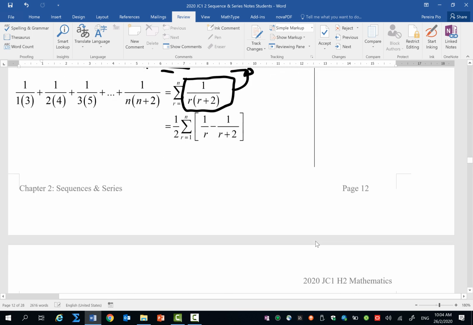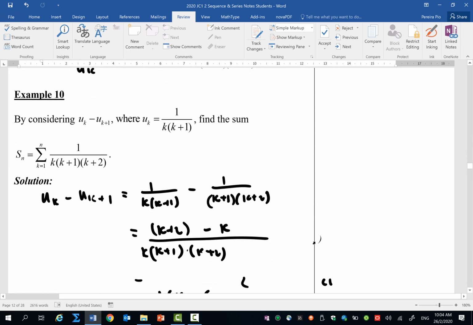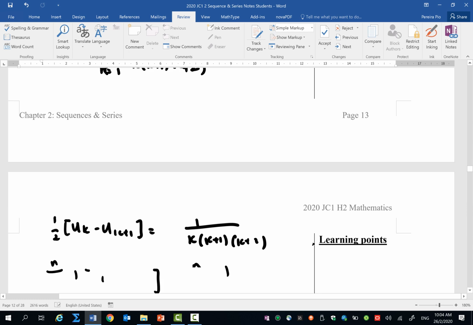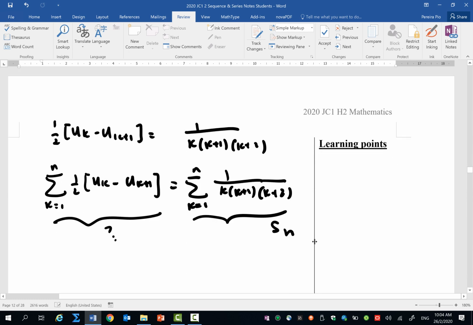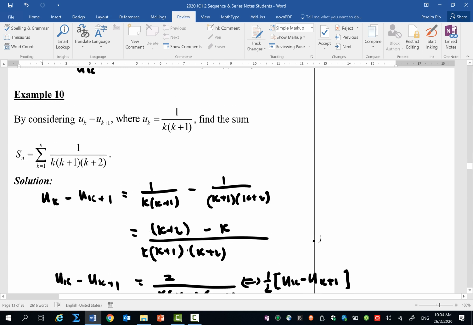I went through one example, showing you how it's done, and I was on the way to completing the second example. So let me very quickly bring you through it. Example 10 says, by considering UK minus UK plus 1, where UK is this, find Sn, which is the sum from k equals 1 to n.